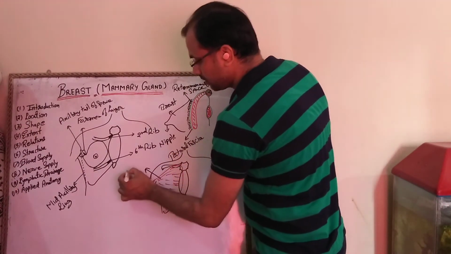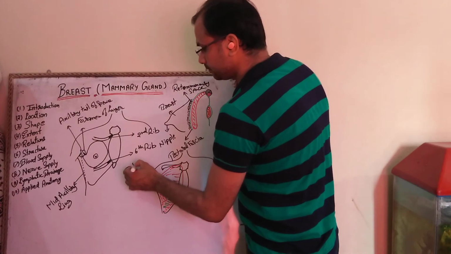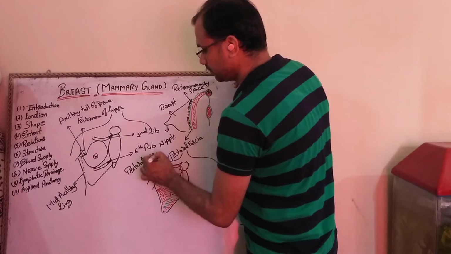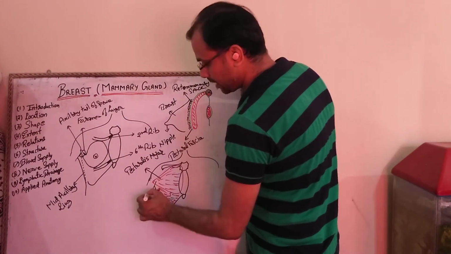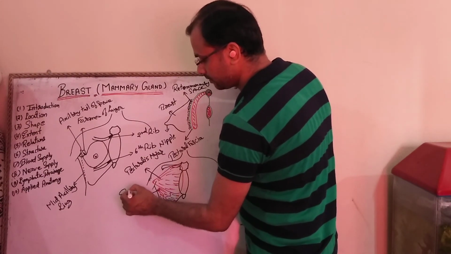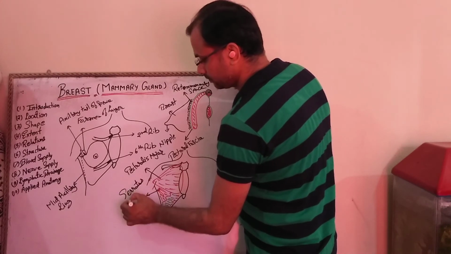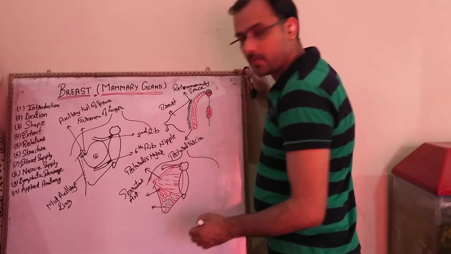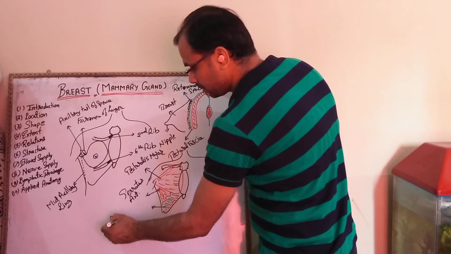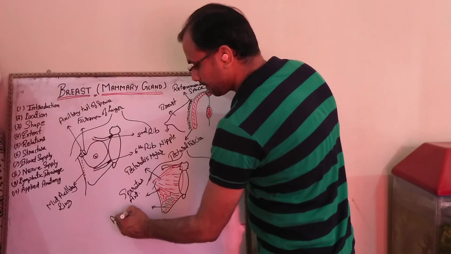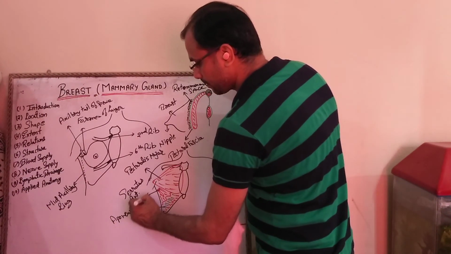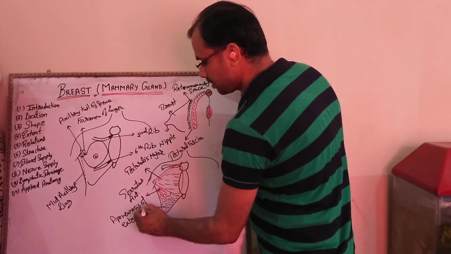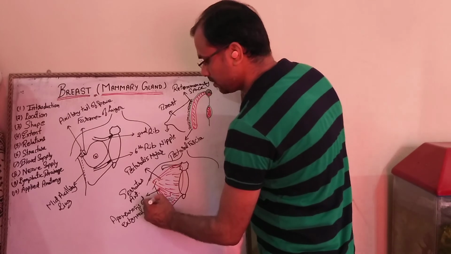The first one is the pectoralis major muscle. The second one is serratus anterior. And the last one is the aponeurosis of the external oblique muscle.